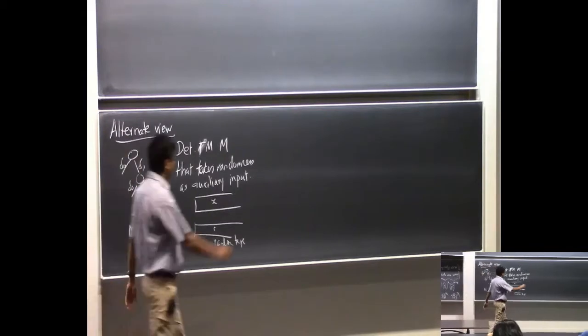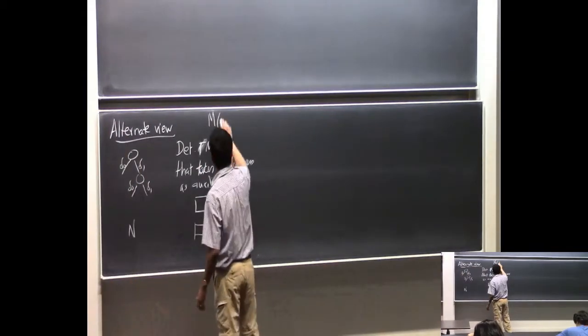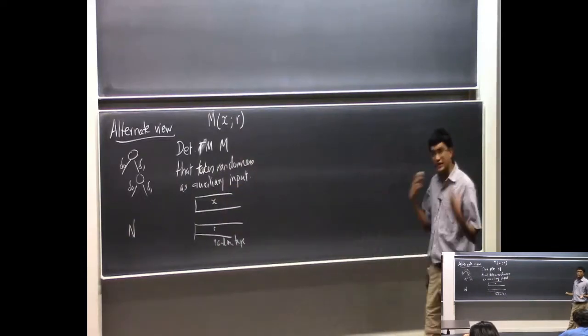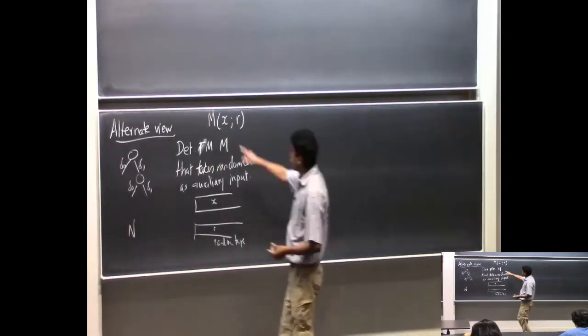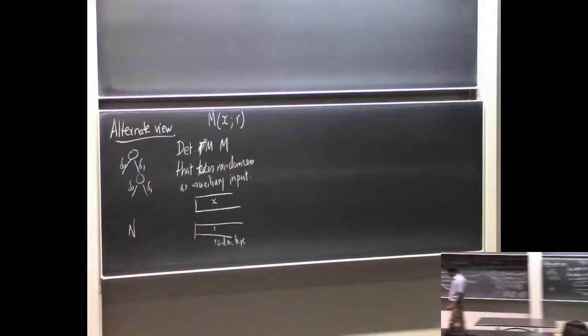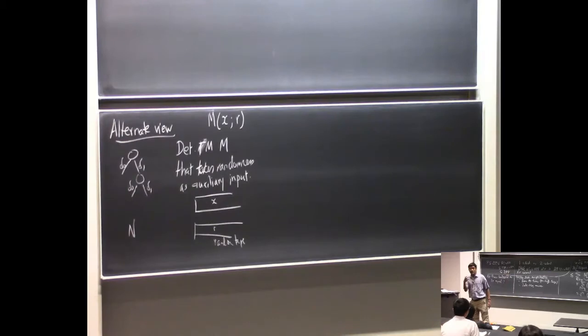This M will take two inputs, X and R. If you give it both X and R, it will give a deterministic answer. But of course, our input is only X. So the idea is that we will try to understand the behavior of M for a random R. It's more or less the same thing, except that instead of doing these random things one at a time, you just assume that you toss, suppose you're going to need 100 random coins, you toss them all at once, keep them, and from that point on, you're a deterministic computation.